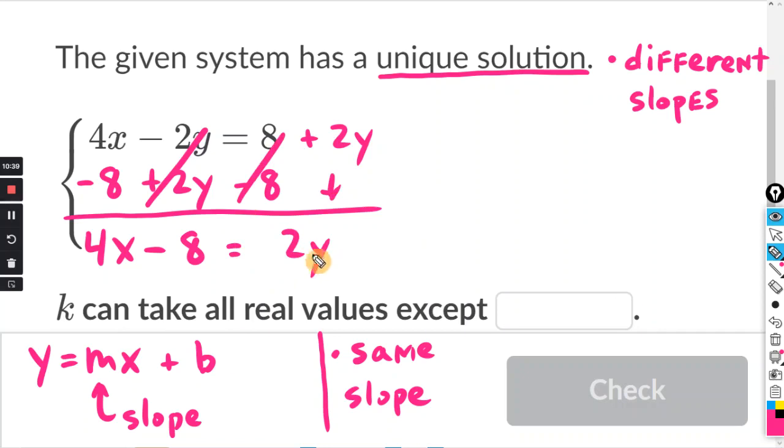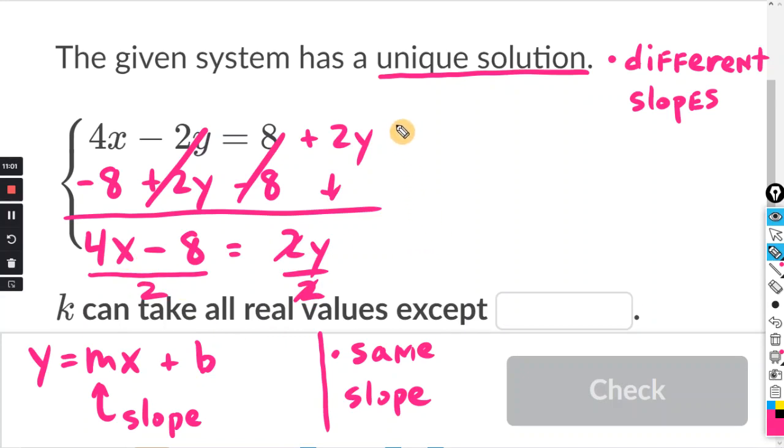Solving for y, this is y times 2. The opposite of times 2 is divided by 2. So we're going to divide both sides by 2. Make sure you divide this whole thing by 2. Right here, 2 divided by 2 cancels. And now each of these terms is divided by 2.